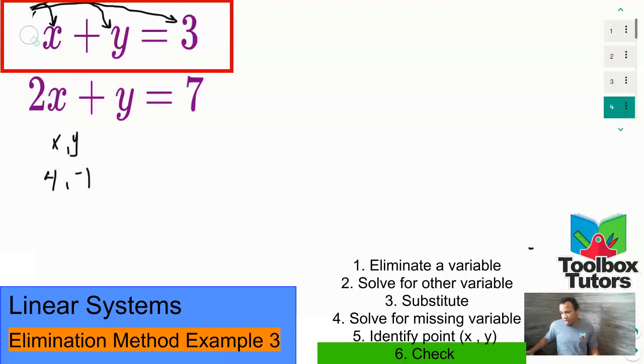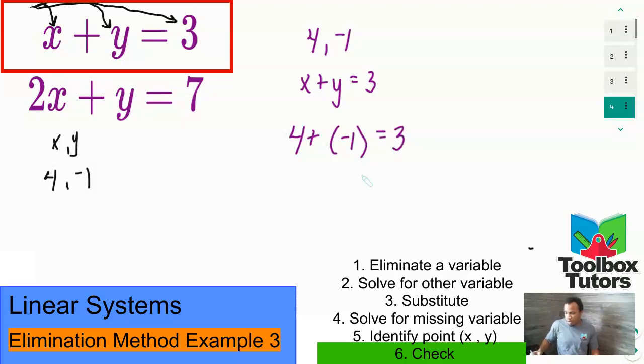And we're just going to plug this point (4, negative 1) into x plus y equals 3. So x equals 4 plus y is negative 1 equals 3. So now 4 plus negative 1 gives us 3 equals 3. And 3 does indeed equal 3. So now we know this point works for this line.